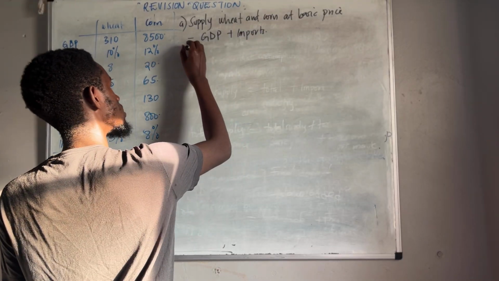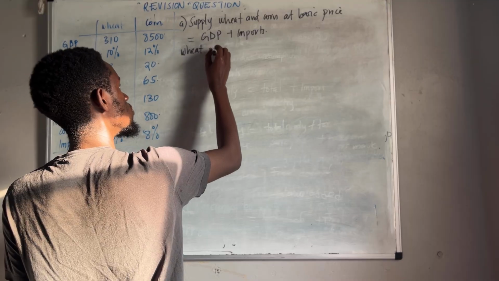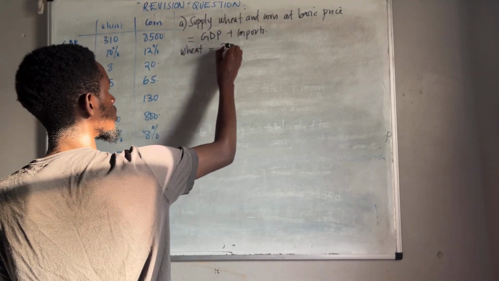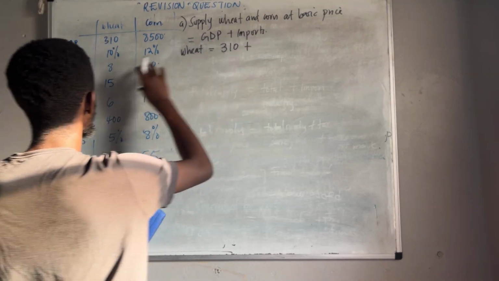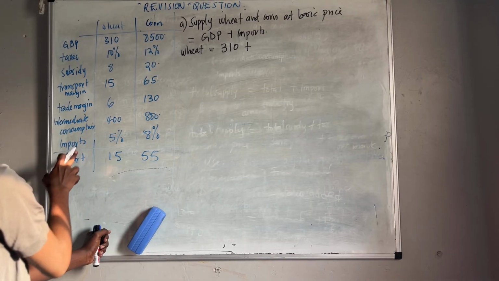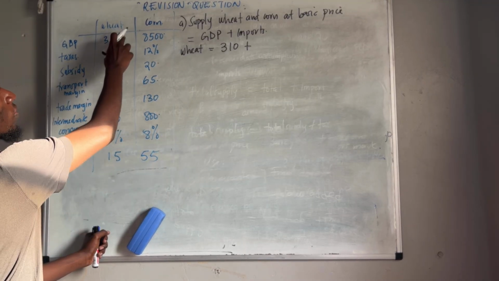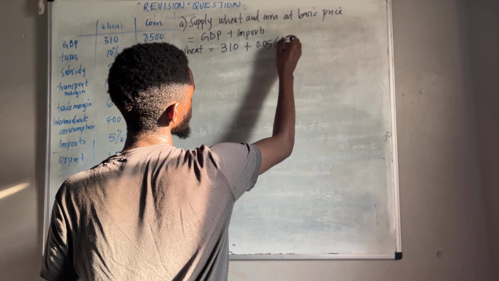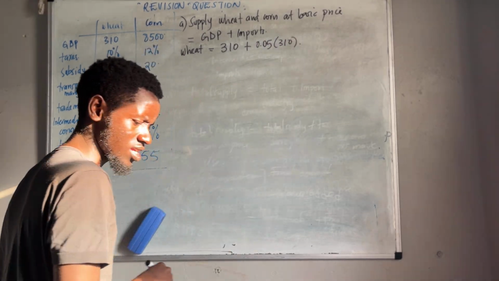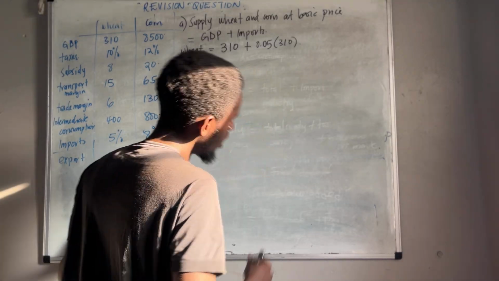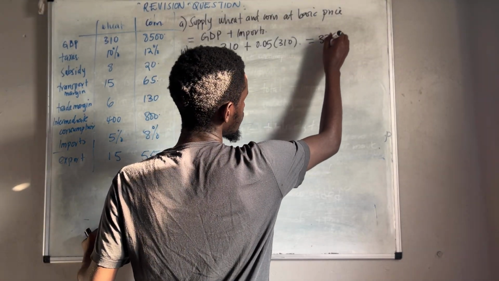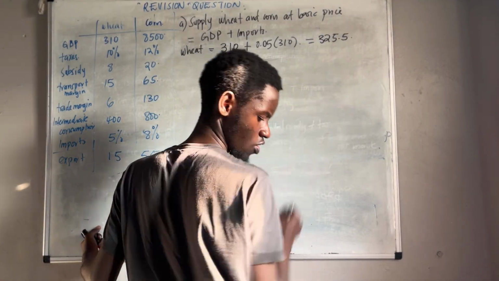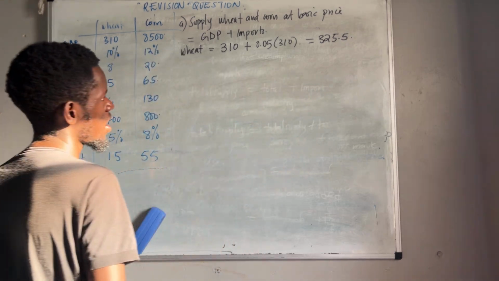For wheat, GDP is 310 plus imports. Imports is said to be 5% of the GDP, so it should be 0.05 times 310, and then we shall have our answer as 325.5. Members should have the same answer.